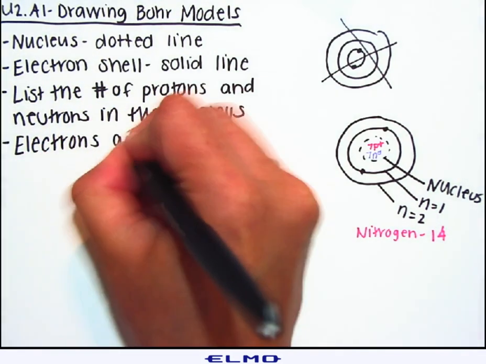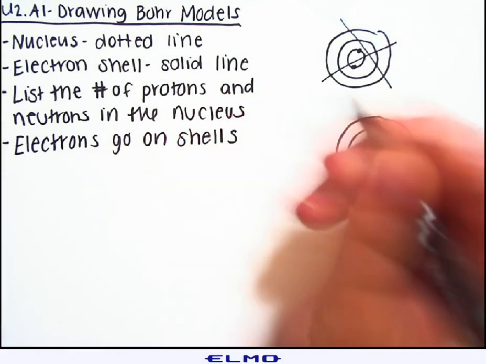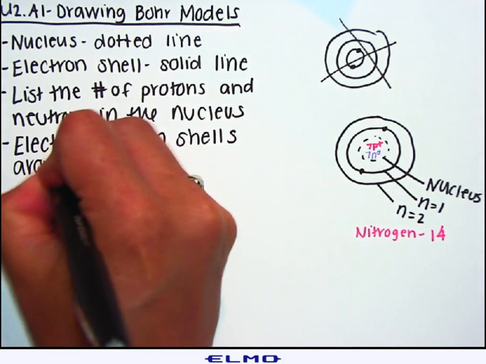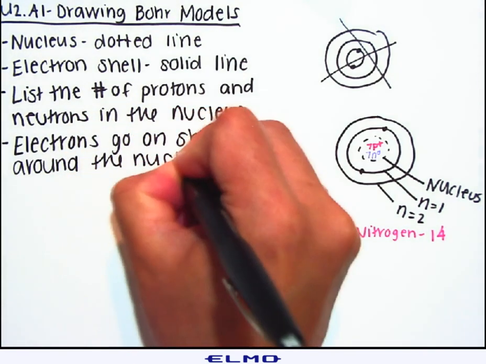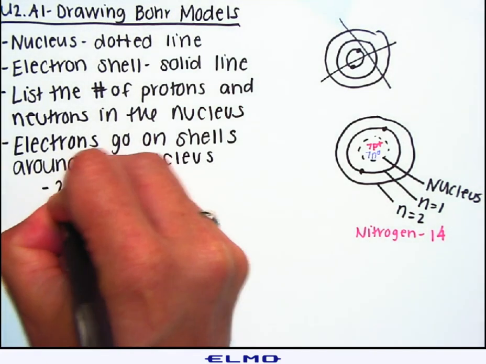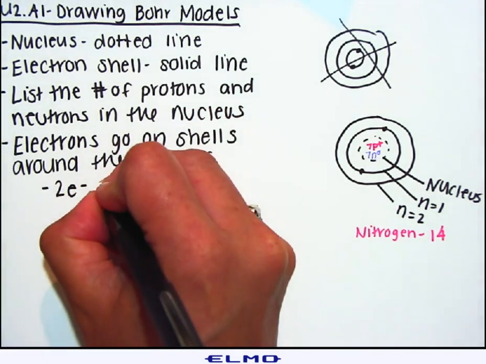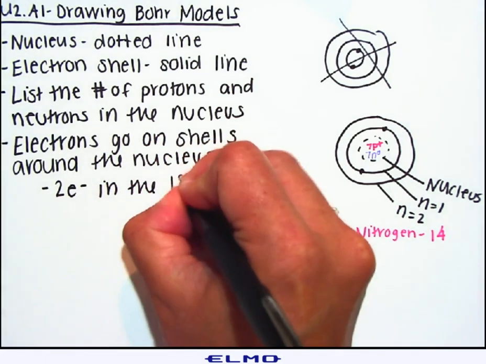Electrons go on the shells around the nucleus. Only 2 electrons can go on the first shell.